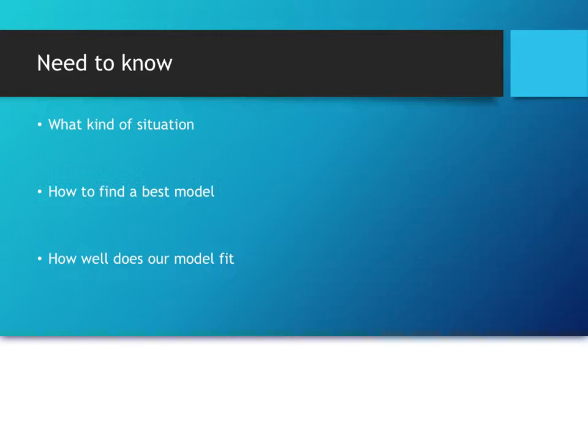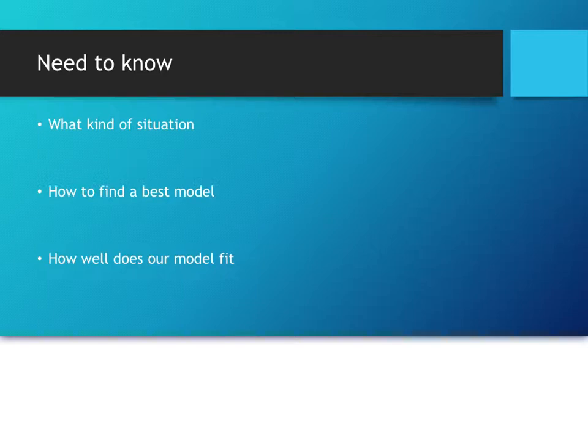And then we need to figure out how to find a best model. Certain times you can actually build one from the situation. Certain times there may be a formula that's already in place that gives you a model for that. Other times you might have to think of the formula.